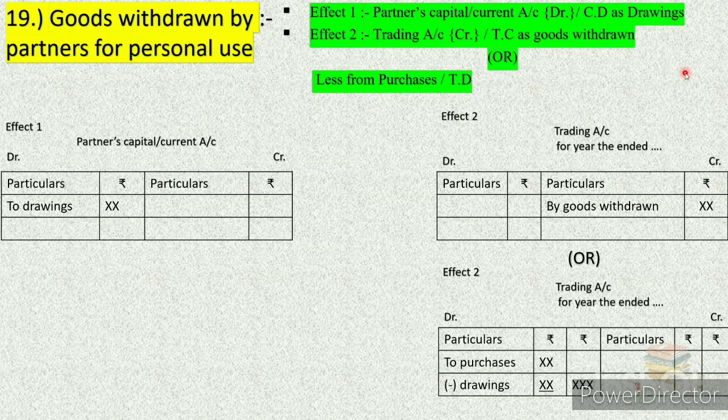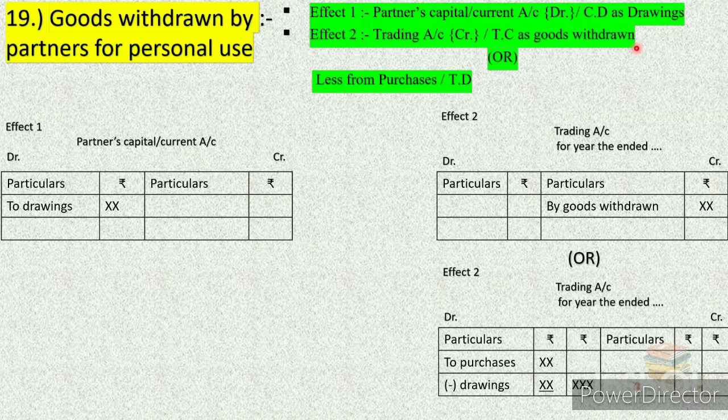Second effect can be written in two ways. The first way we write the second effect is in trading account credit side as goods withdrawn. Here we can write the name of the partner who is withdrawing.